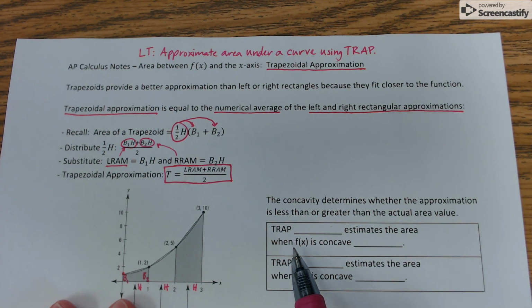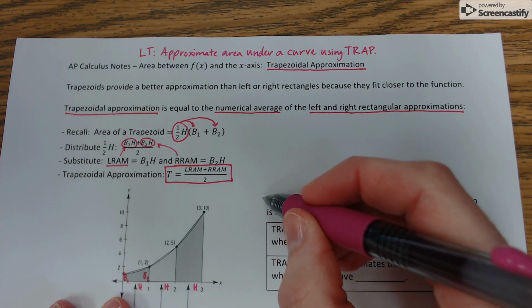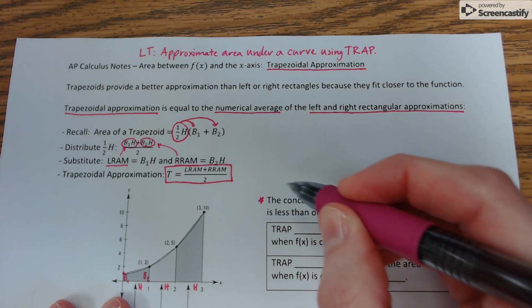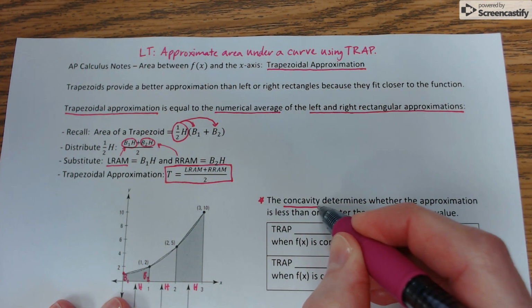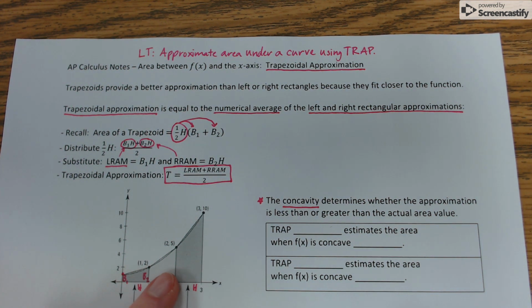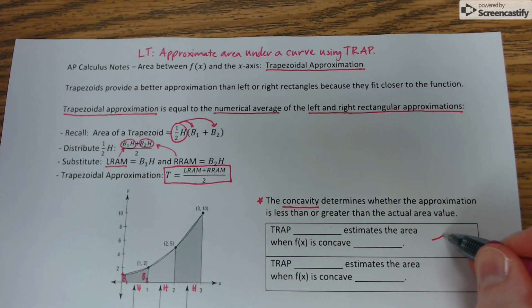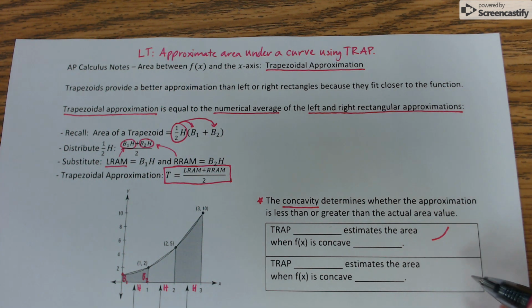With rectangular, you might remember it all depended on whether the function was increasing or decreasing. For trapezoidal, the concept actually changes a little bit. It's the concavity that determines whether the approximation is less than or greater than the actual value. So let's look at that. We'll use this graph that we're looking at. You can see that the graph is concave up. So I'm going to just draw a little sample here to the side.